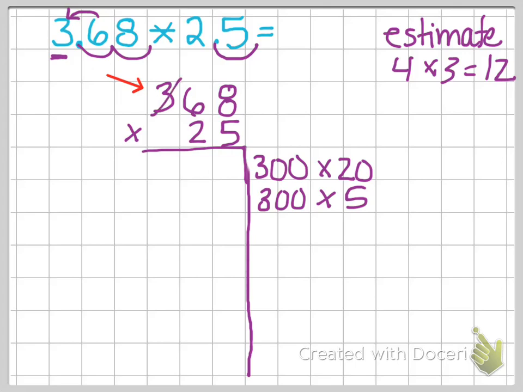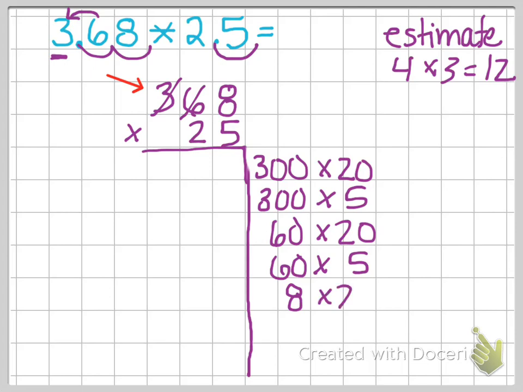Now let's move on to the 6. It's really 60 times 20. 60 times 5. Then 8 times 20. 8 times 5. Alright, we've got 6 steps to do here, but I know we can do it.